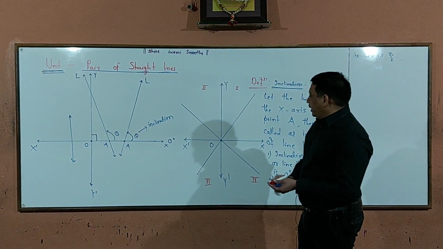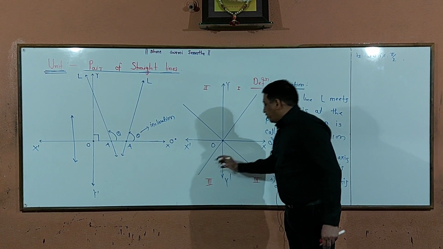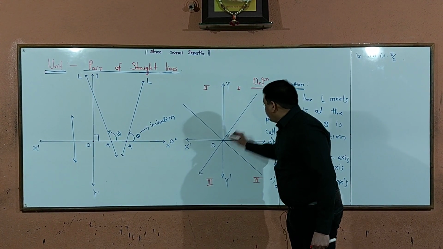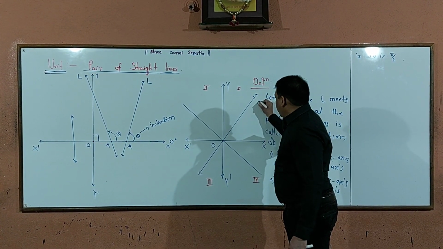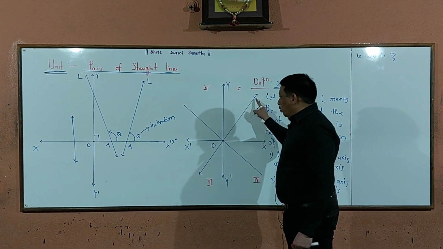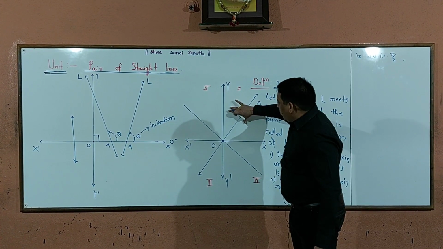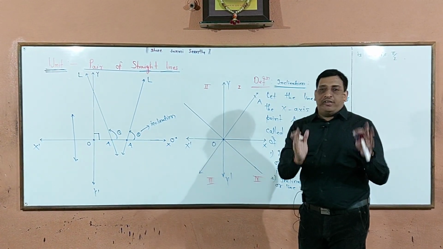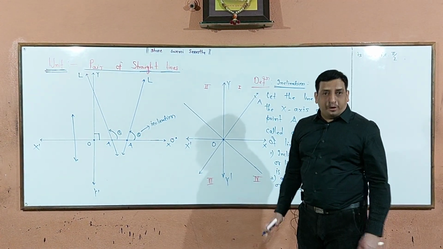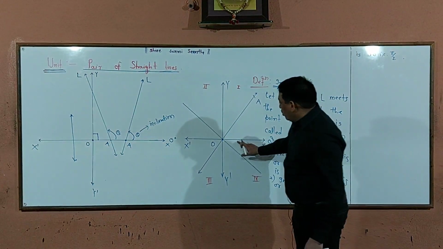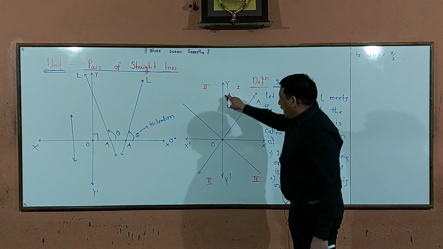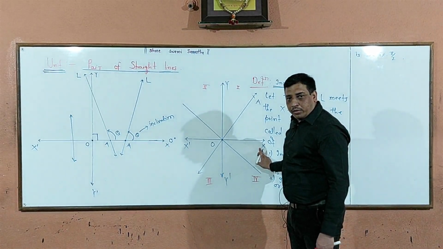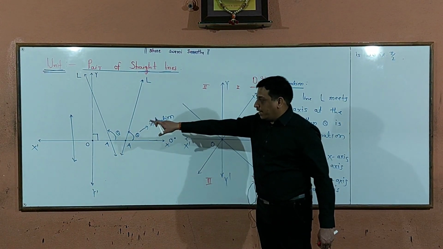Then find the inclination of the line OA, bisecting the angle between the first and third quadrant. Bisect means divided into two equal parts. XOY, x and y are perpendicular to each other, so the angle is 90 degree.